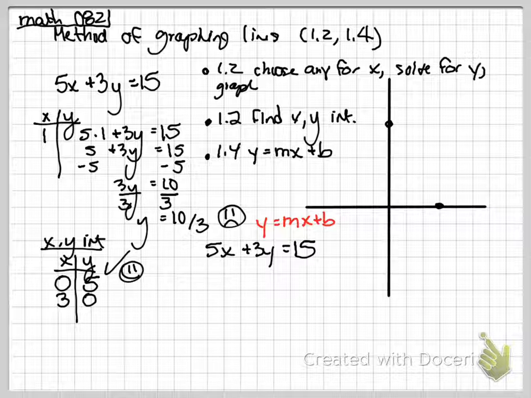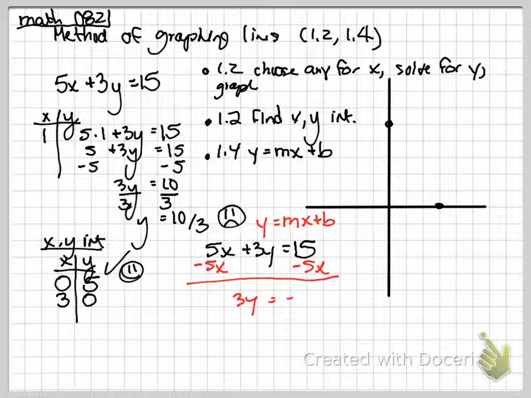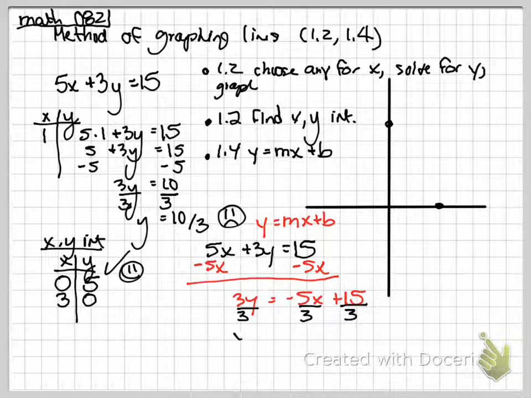So let's go ahead and do that just for the sake of practice. We get 3y equals negative 5x plus 15. Then we would have to divide everything by 3. And we find that y is equal to negative 5/3 x plus 5.